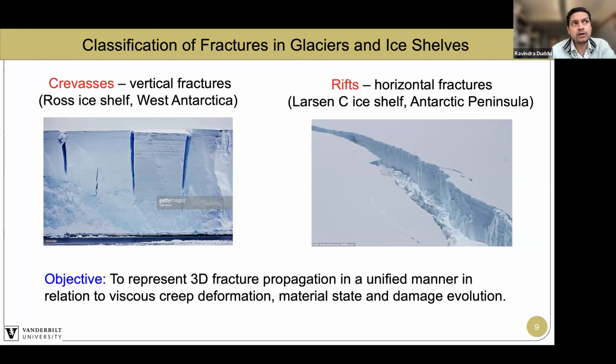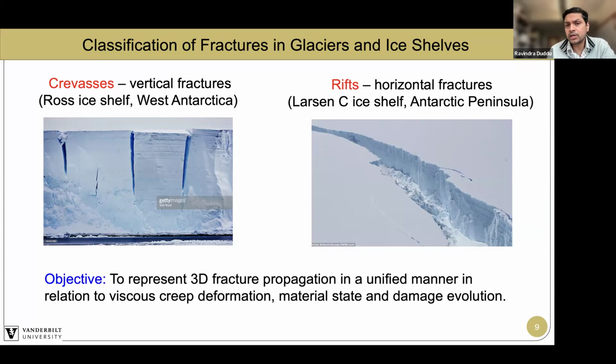And some of the earlier works like zero stress approach proposed by Nye and others, and then Van der Veen's fracture mechanics approach and so forth, they all focused on this 2D problem of how deep is a crevasse going to propagate. But then on the other end, you have these huge rifts, which are almost full depth fractures that propagate in the plane of the ice shelf.